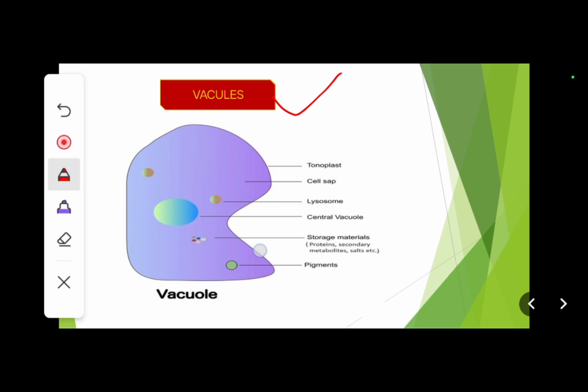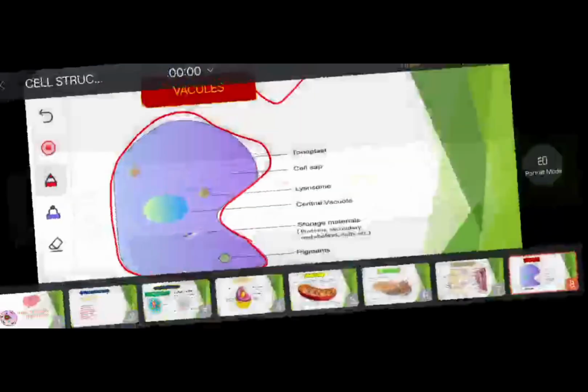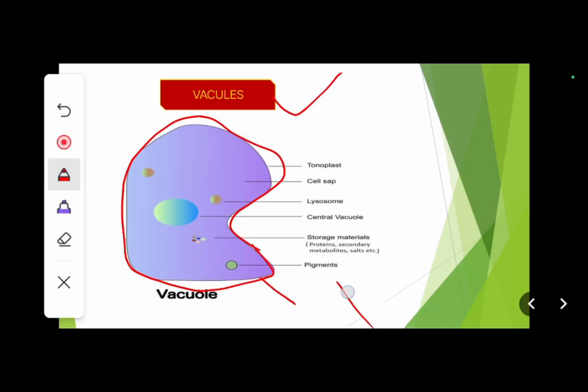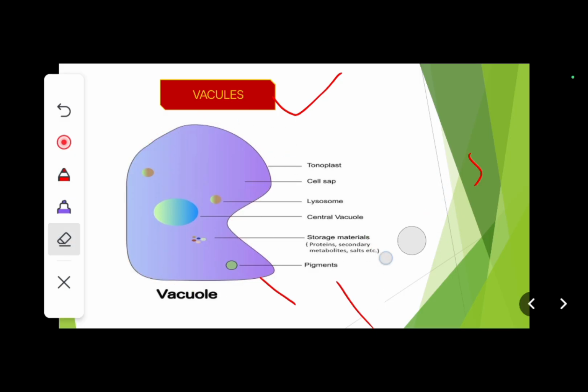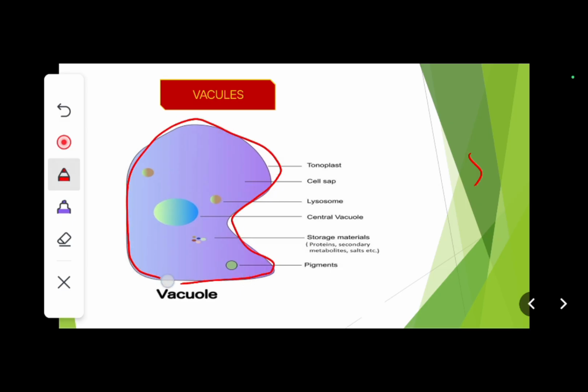Such a big vacuole is present only in plants. This vacuole is surrounded by a single layer known as the tonoplast.